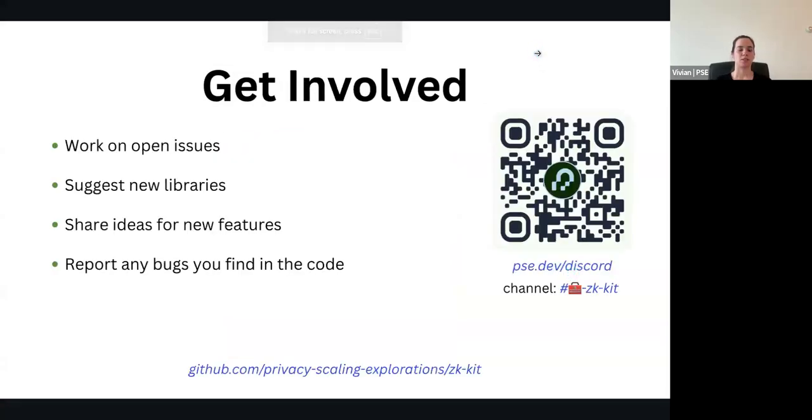So how can you get involved? If you have an idea for a new package or a new algorithm, something that can be helpful for the programmable cryptography space, for applied cryptography, for zero knowledge applications, it would be great if you create an issue or ask to add it, because the idea of zkKit Noir is to provide these kinds of functions and libraries for people creating zero knowledge applications and applied cryptography.